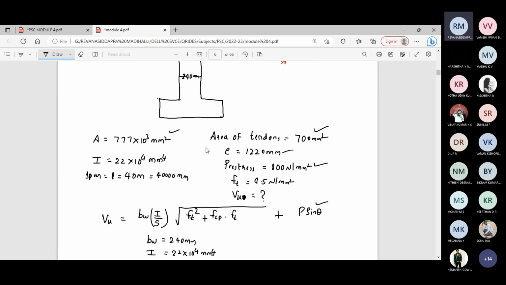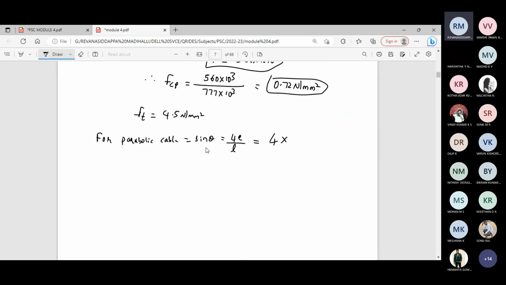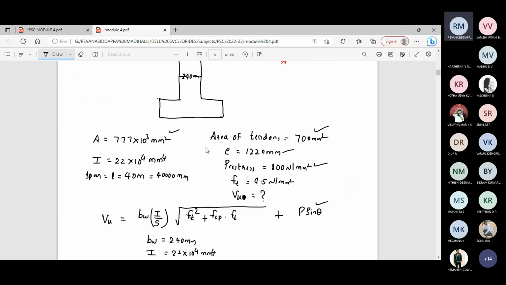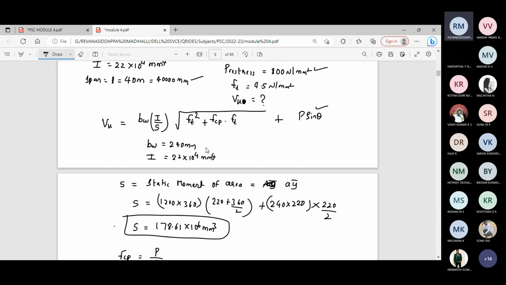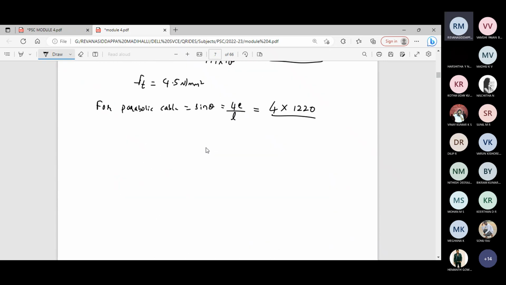How much is it? 1220 mm, divided by the length of the beam. How much is it? 40 meter. So in terms of millimeter, 40,000 millimeter. Finally, you will get the value of slope as 0.122.